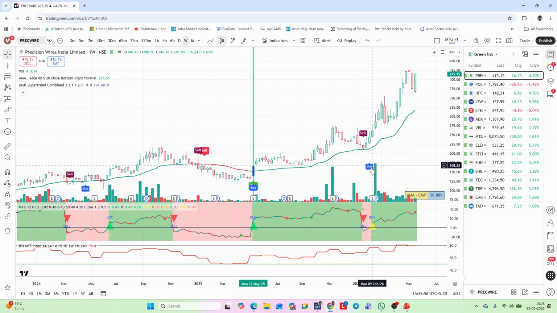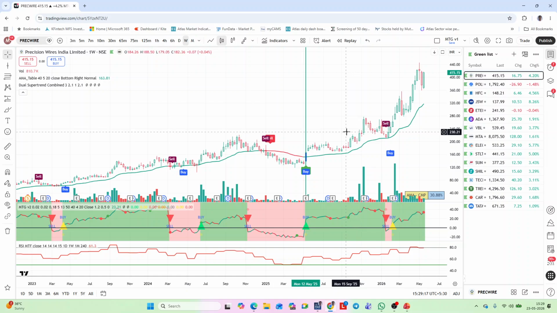But what happened after 2 weeks? Super Trend 2 has given me a buy signal here. So I will take the 25% which I have booked and kept aside, and redeploy that capital here. This is how dynamically you need to play, and then you can see what is happening in this trade. Still there is no sell signal in this one.